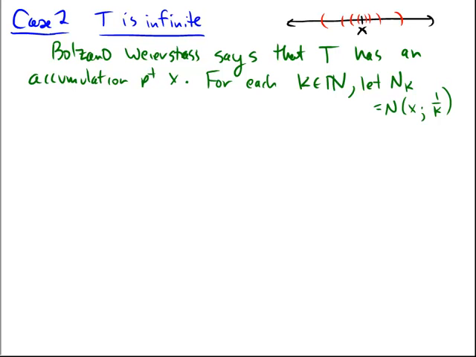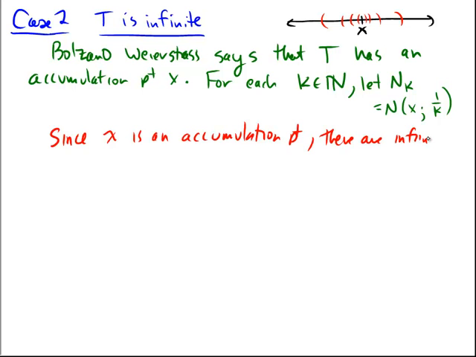All right, so let's be formal. Let's make sure we state that. Since x is an accumulation point, that means there are infinitely many s_n's in each N_k, each one of these neighborhoods.